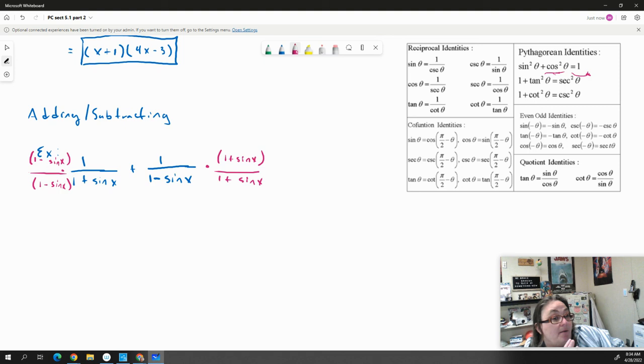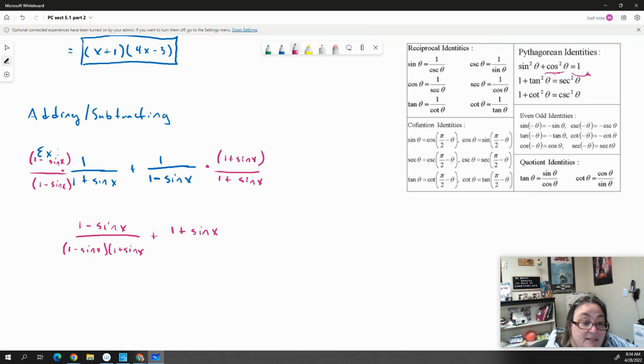Now, if you look at this problem, if I multiply 1 minus sine x times 1, I'm just left with 1 minus sine of x, right? And it's all going to be over, I'm not even going to multiply these together, I'm just going to go 1 minus sine of x times 1 plus sine of x, right? Now, if I look at this side, if I multiply 1 times 1 plus sine x, I'm left with just 1 plus sine of x, right?